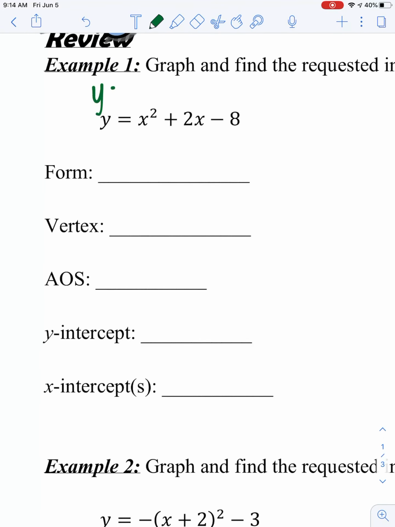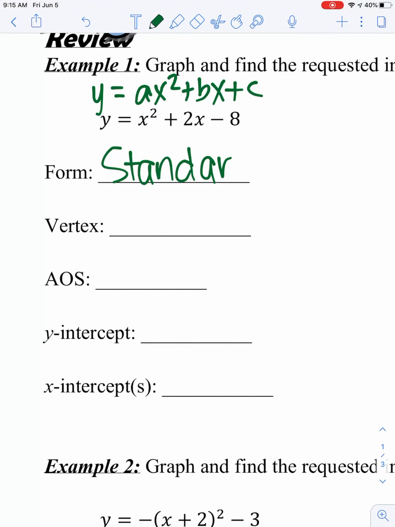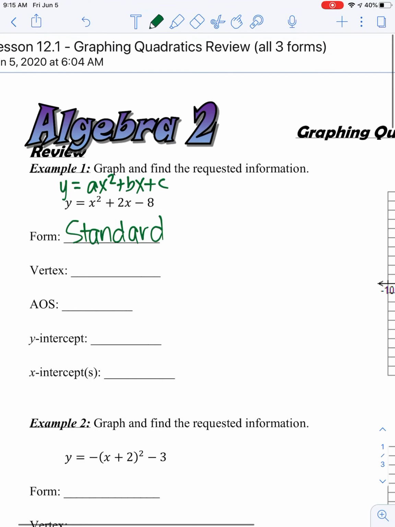Since this is in the form y equals ax squared plus bx plus c, we know this is called standard form. When it's in standard form, to find the vertex, we can do the opposite of b over 2 times a. And so negative 2 divided by 2 is a negative 1.